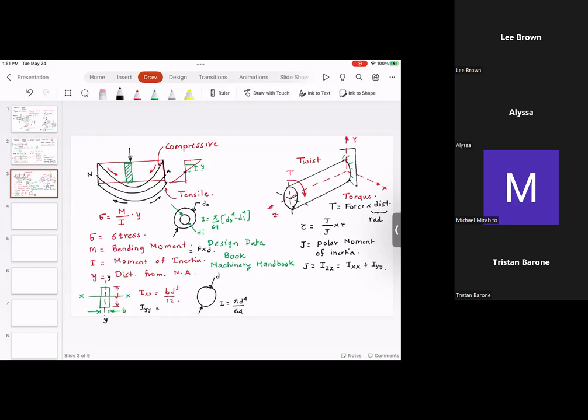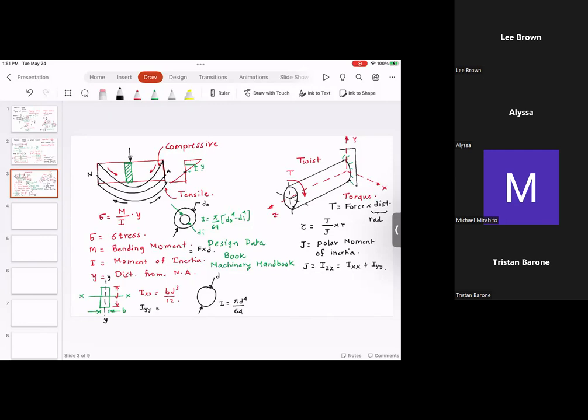Typically, when we look at twisting or torque, we use circular cross sections. It's possible to study the twisting behavior of rectangular cross sections, but typically it is out of the scope of undergraduate courses.